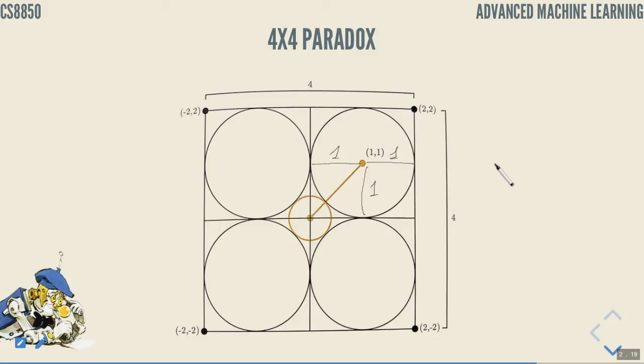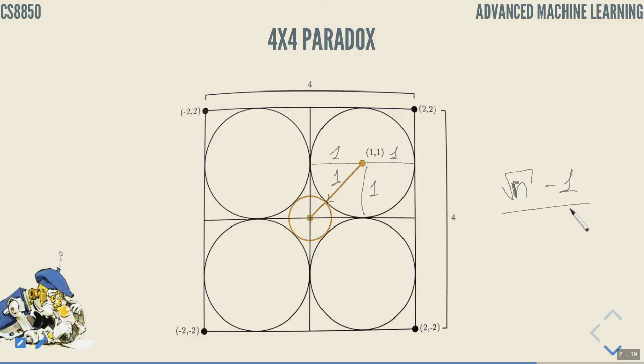This length is square root of d, or square root of n, right? So for 2, this length is square root of 2. And the radius of the smaller sphere is square root of n minus 1. No matter how large our dimension n is, the radii of these inscribed spheres are still 1. They don't change.